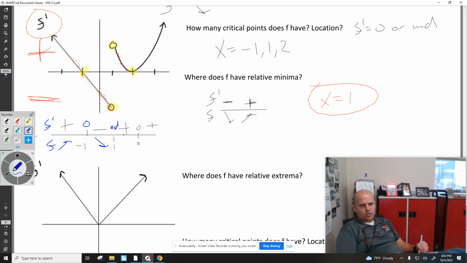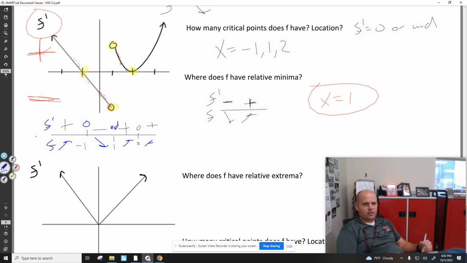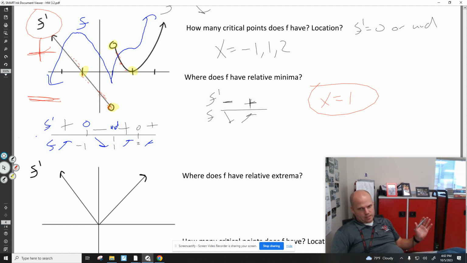Undefined, probably a sharp point, increasing, flattening out, increasing. This is what my graph of f would look like. We don't have a tangent slope at this sharp point, but we could say we have negative slopes followed immediately by positive slopes, getting less positive, flattening out at 0. You don't have to be able to sketch it though.